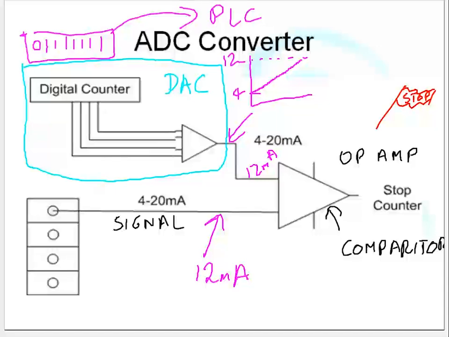Now, important question. Is an analog signal continuously monitored, or is it just occasionally sampled?